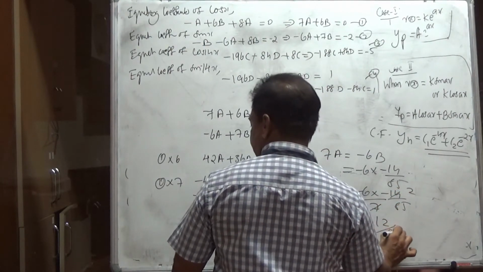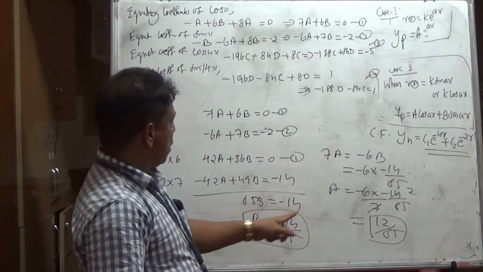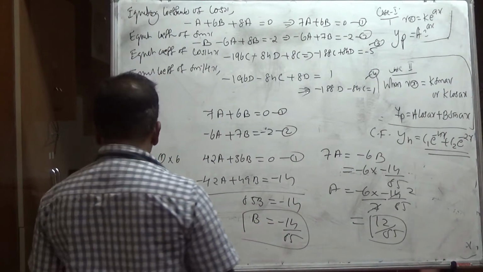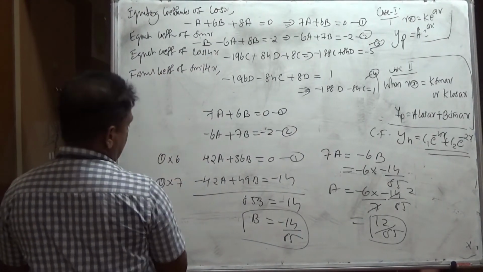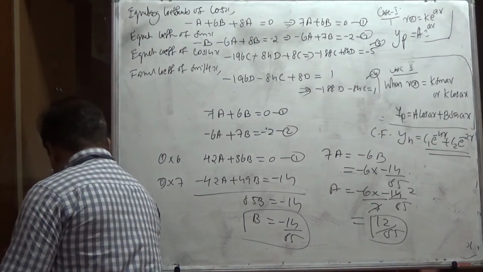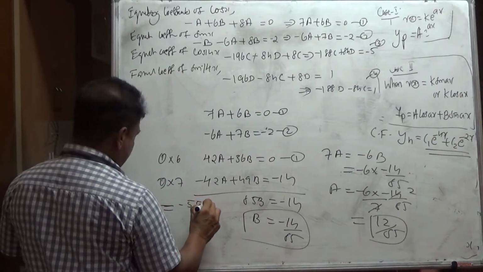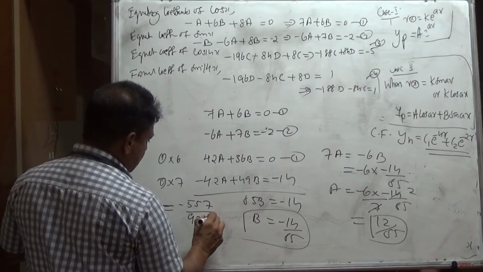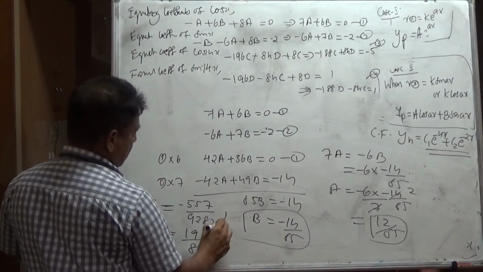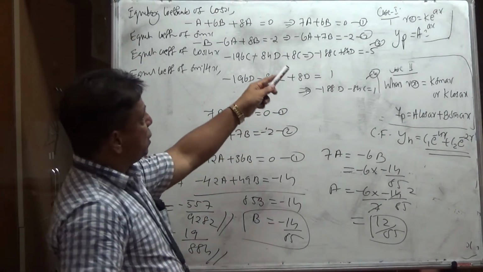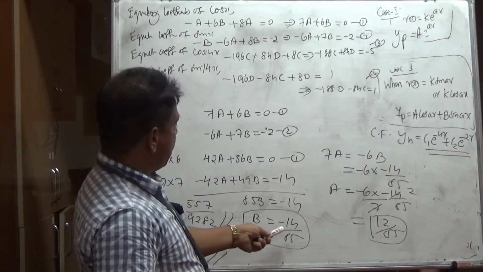Therefore, a is equal to 12 by 85 and b is equal to minus 14 by 85.